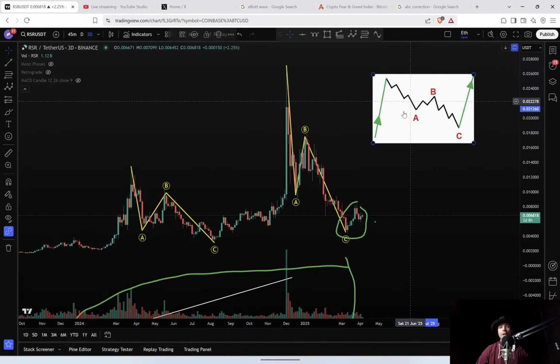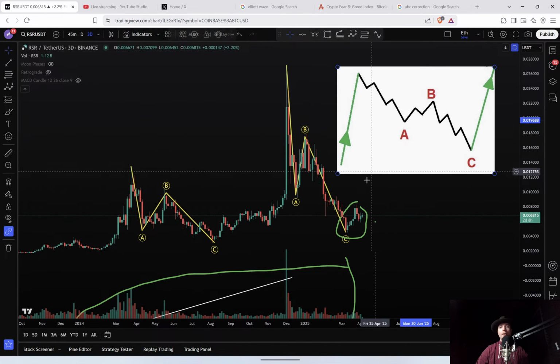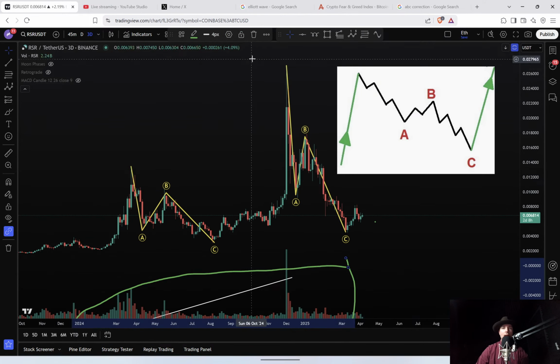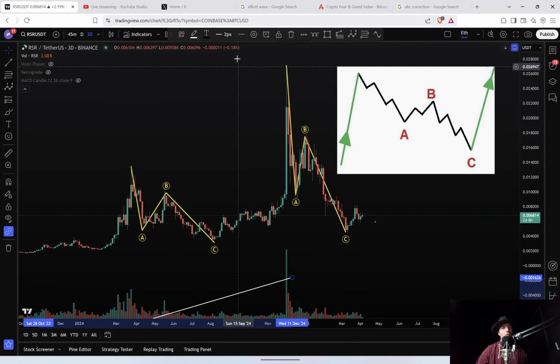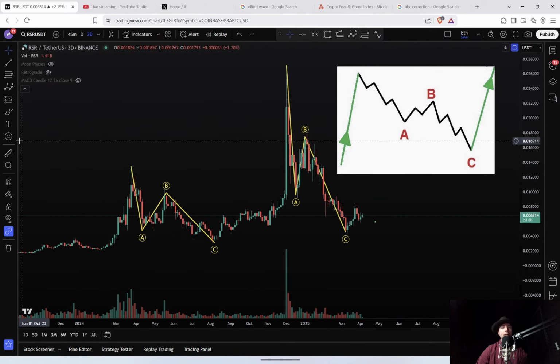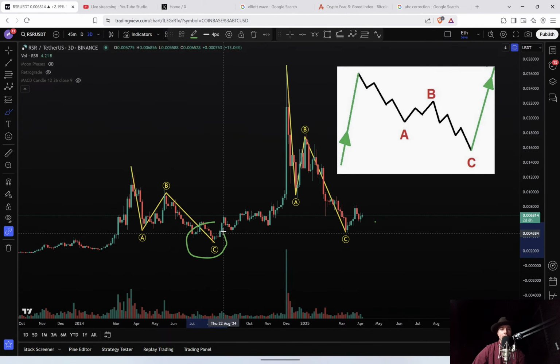So the ABC correction is extremely useful to be paying attention to. All of the beginners, all the people that have no idea what they're doing, they always sell the bottom of these ABC corrections. It's really sad to see, but that's basically what happens. They sell the bottom because the emotion is so high at the bottom of wave C for your average investor.